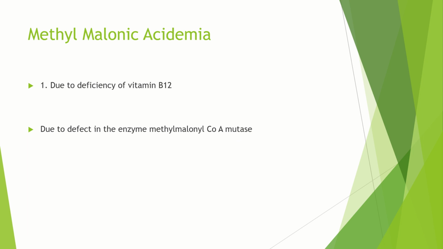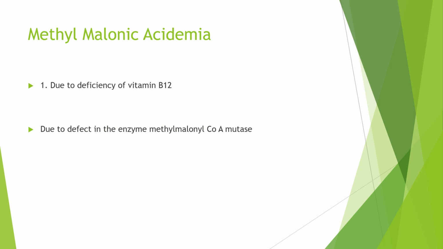If we see the symptoms, methyl malonic acid accumulates in the tissues. Increased excretion in urine can be observed in these patients, and this causes severe metabolic acidosis.